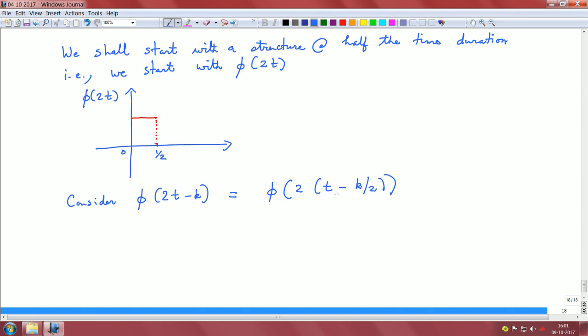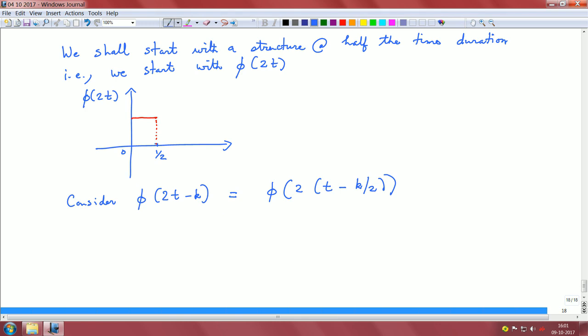If you take a translation of k upon 2 steps to the right followed by a shrinking, this is what you are going to get. So you should be able to interpret both of these, starting from the function phi of t with translation and shrinking, or directly sketching phi of 2t and then looking at a time translation.